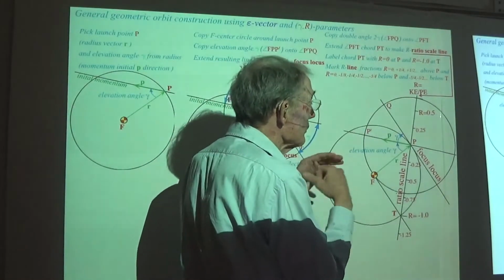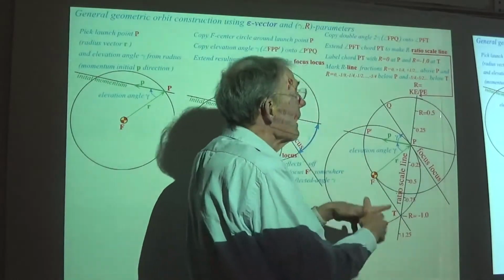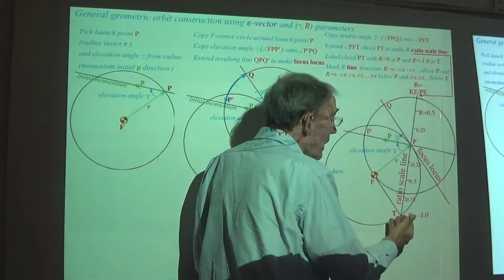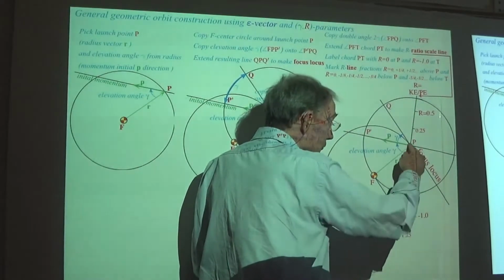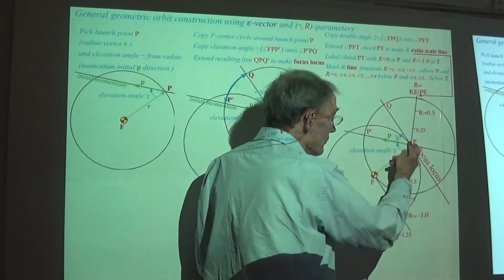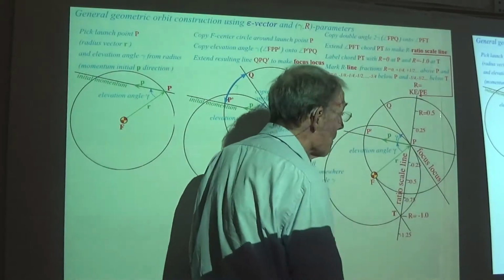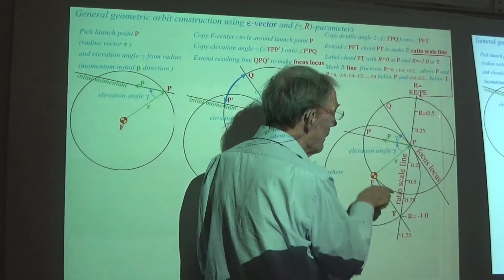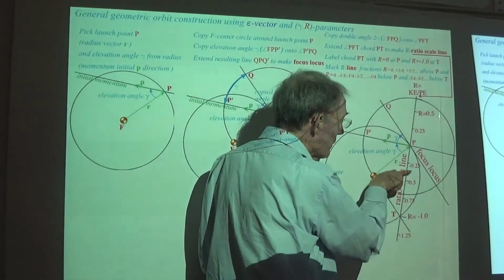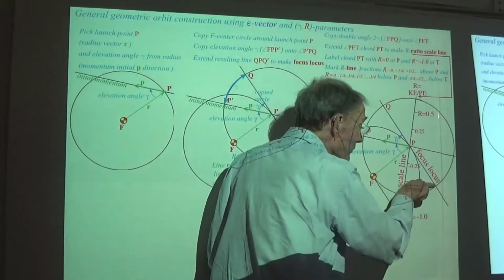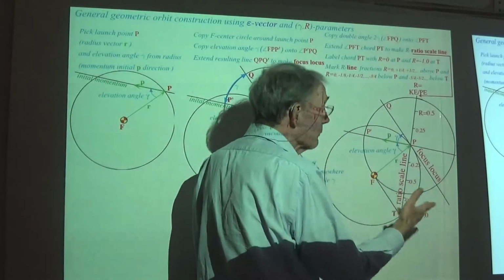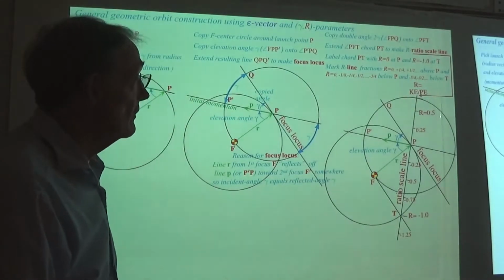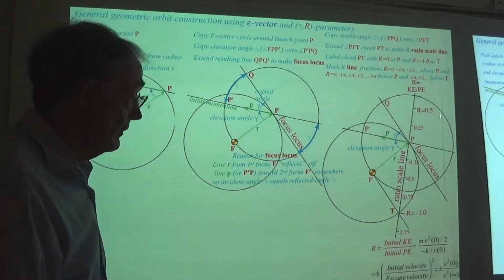And if you don't want to fly off and leave, not have an elliptical orbit, you better stay in this region right here, between 0 and -1. So all of our elliptical orbits are going to be found by putting an epsilon vector through one of these points, and it will point to the focus of the orbit that will do that. That's the end of the construction, basically, for getting the focal points.